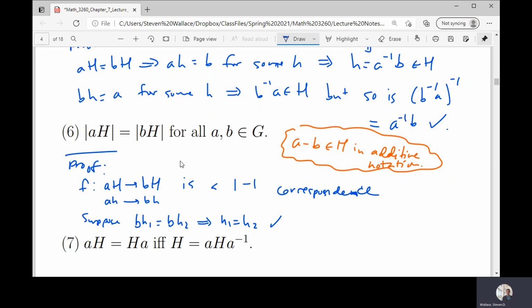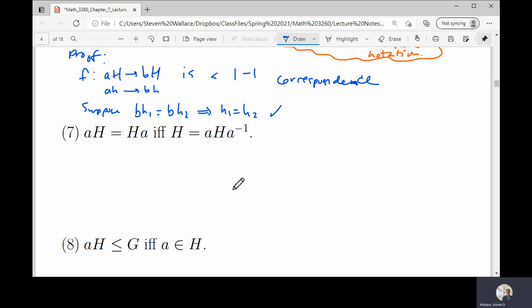So ah1 maps to bh1, ah2 maps to bh2, and they're equal. So suppose that there are two things in the range that were equal. Well, they'd have to be the same in the domain as well.